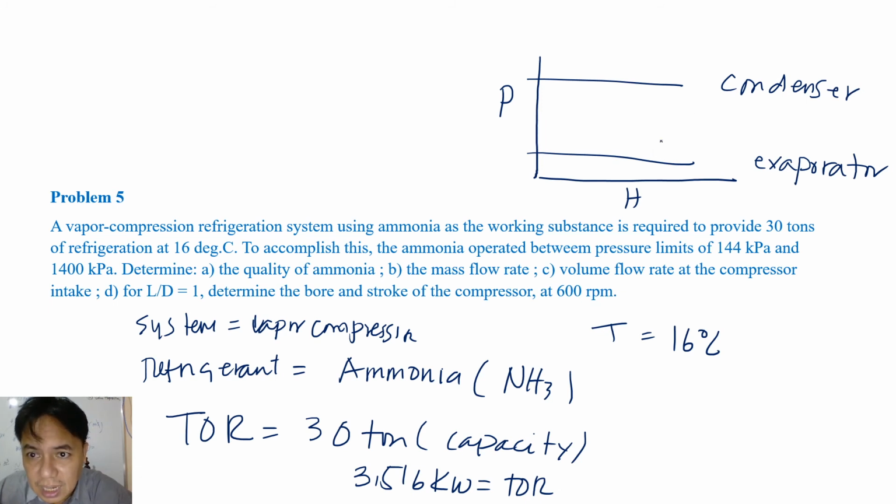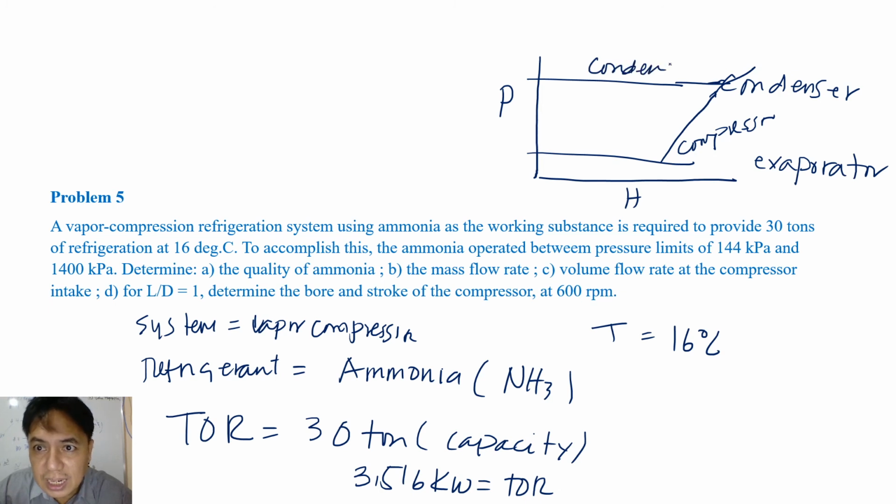Bakit? Kasi dadaan siya sa compressor eh, di ba? Ito yung compressor mo. So pagdating niya sa condenser, mataas na yung pressure, di ba? Ito evaporator, mababa.